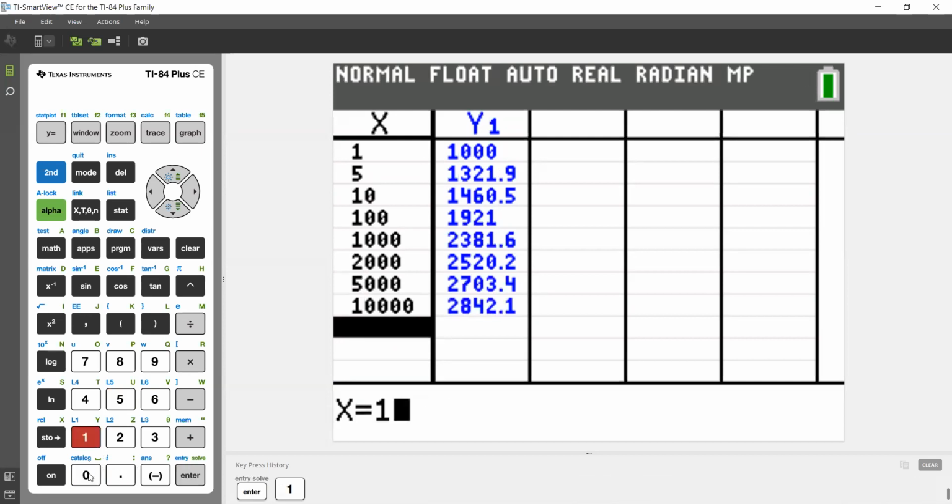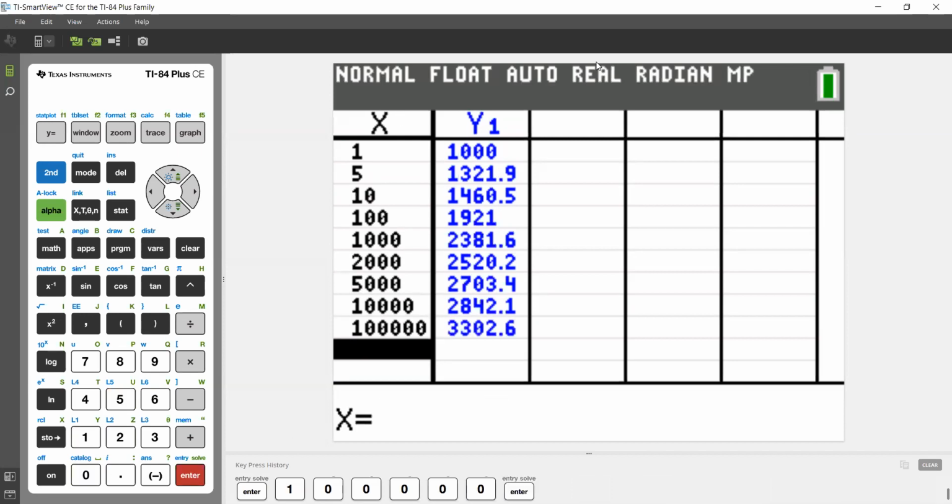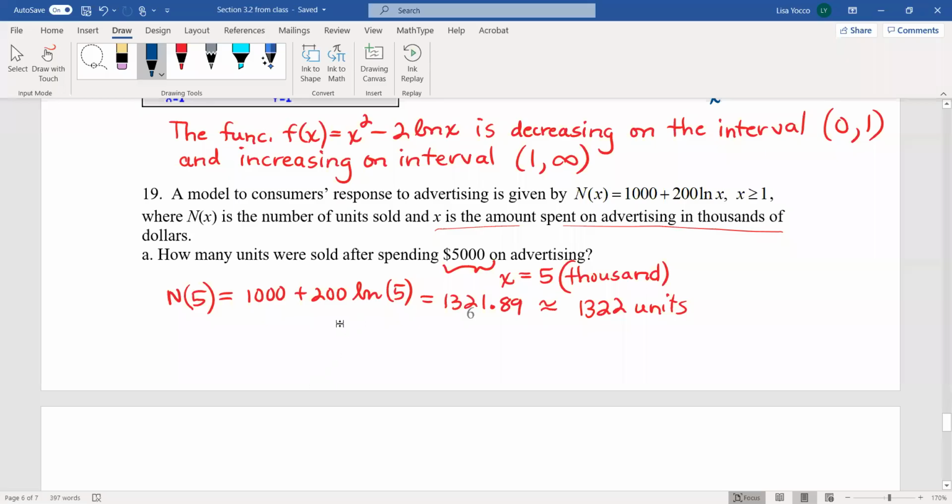Oh gosh, we're almost out of time, but we're almost done. I'm going to copy this table.